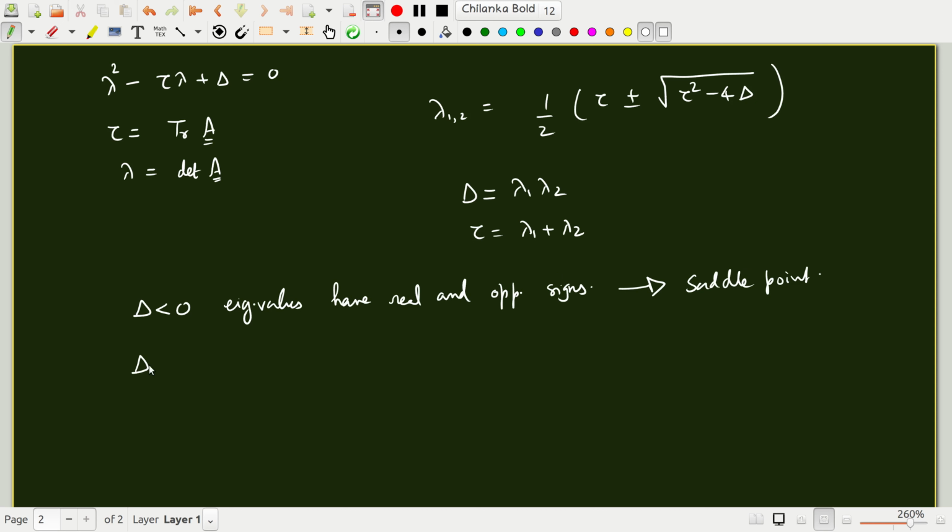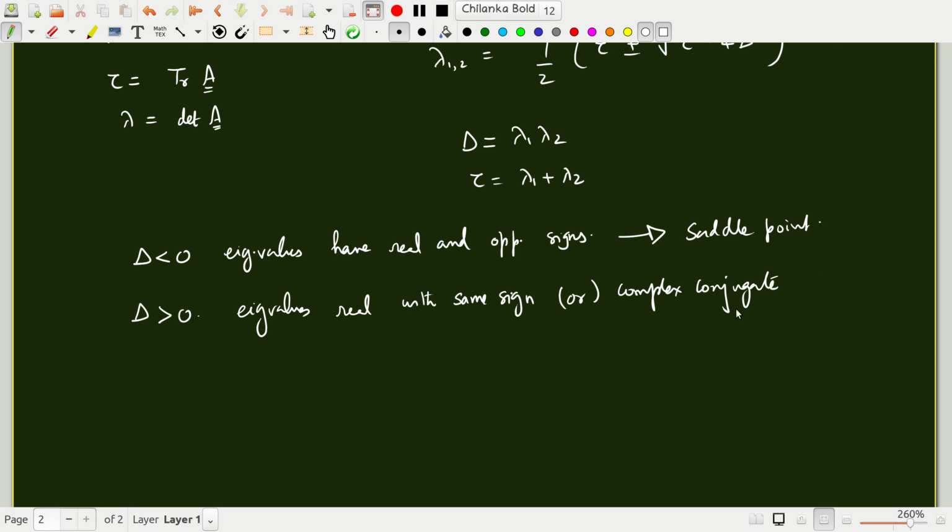When delta is greater than 0, the eigenvalues are real with the same sign, that is a stable or unstable node, or they must be complex conjugates, in which case they must be stable or unstable spirals.